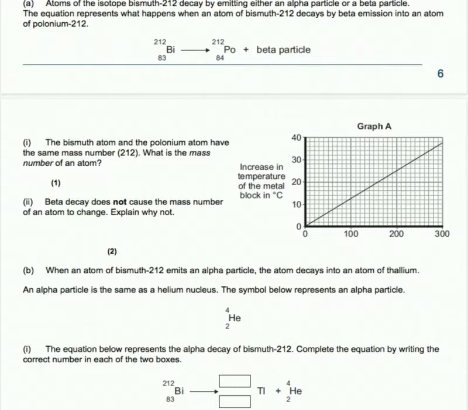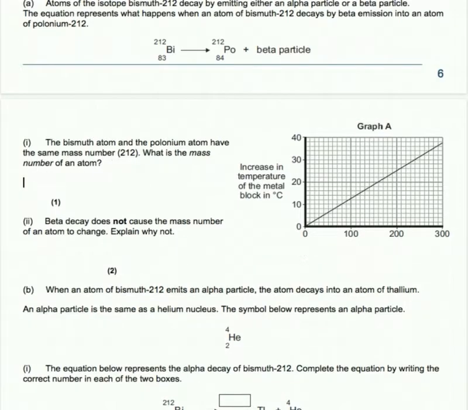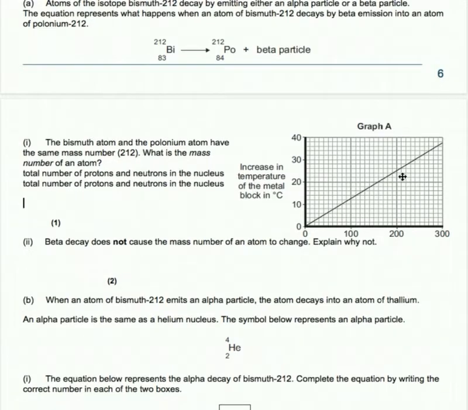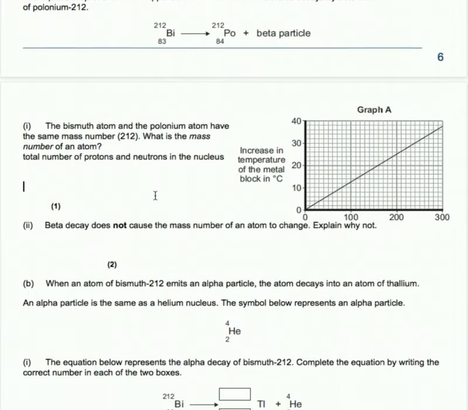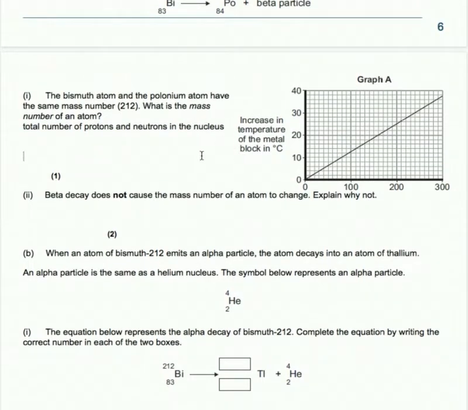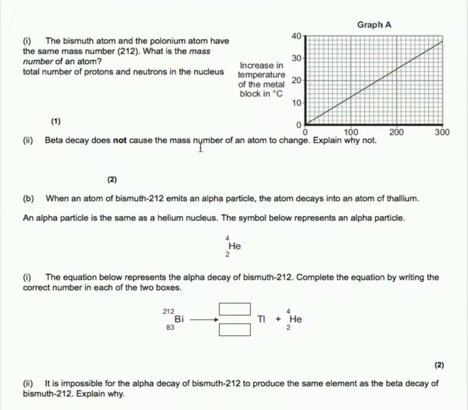Well, that is the total number of protons and neutrons in the nucleus. You want to be clear in what you're saying, that it is the inclusive total of protons and neutrons. And saying that it's in the nucleus makes clear to the examiner that you know that's where they reside.